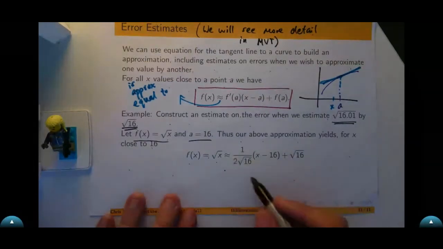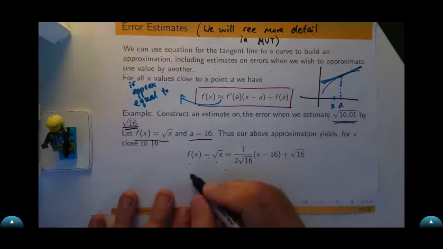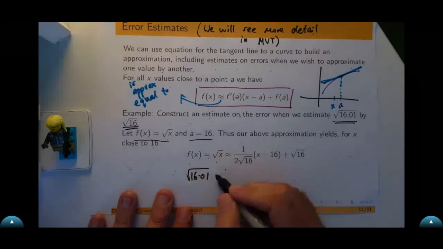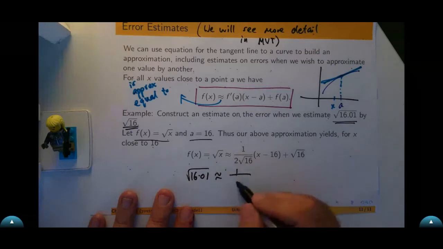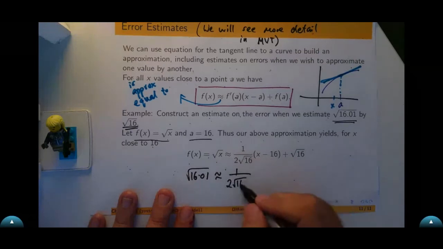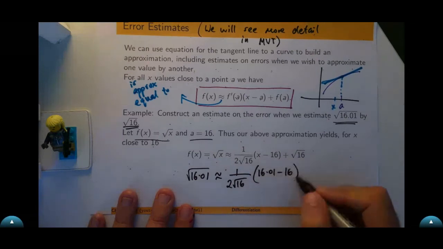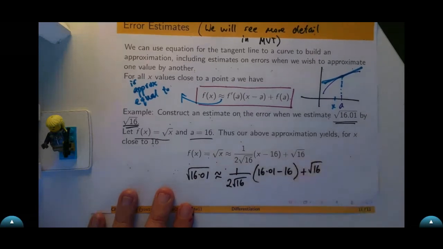What this means here is that the square root of 16.01 is approximately equal to this.